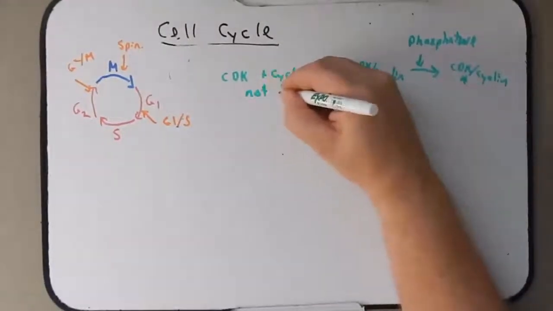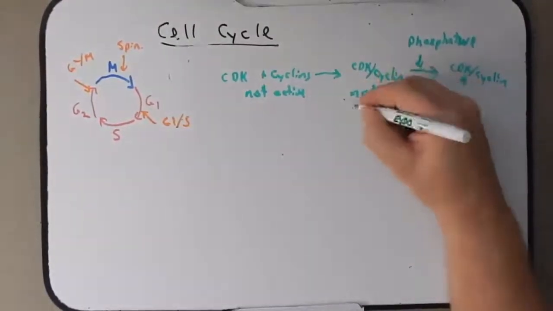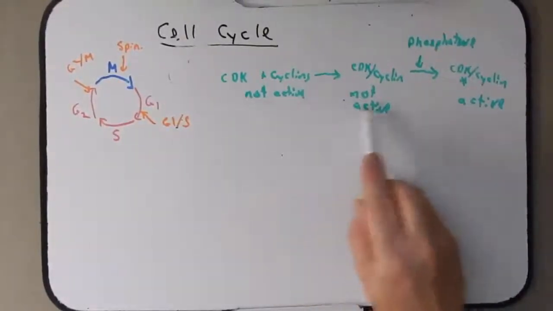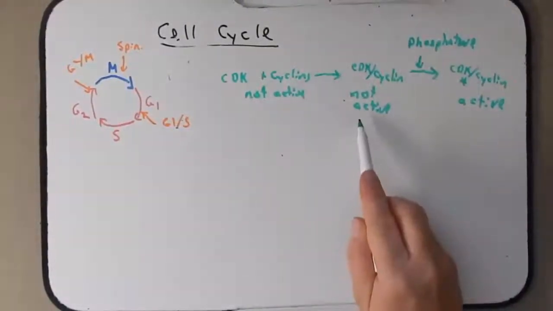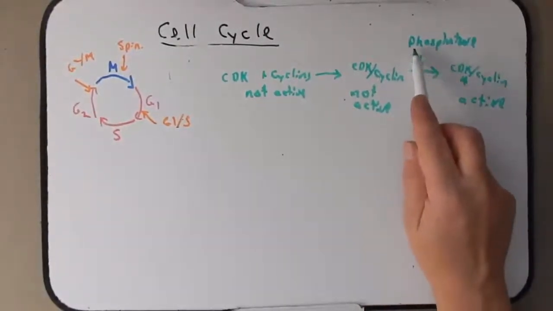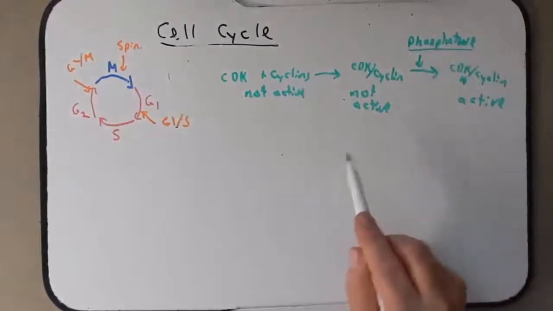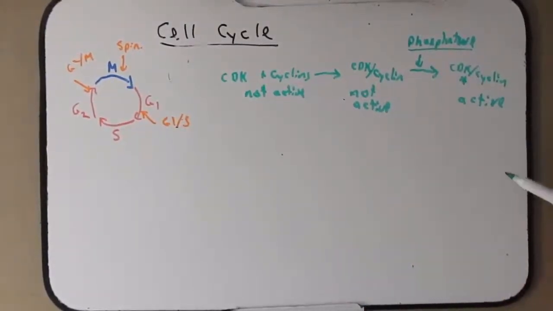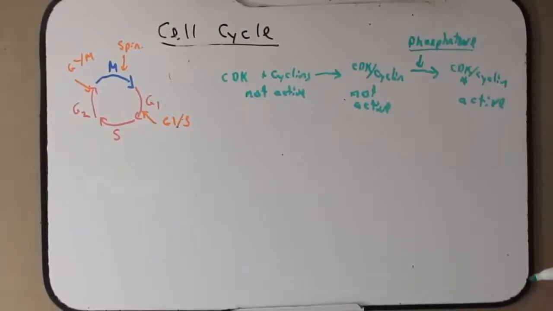Not active, and then active. And this allowed the cell to build up at a high concentration all these cyclins and their CDK counterparts, but by having them be finally activated by phosphatase, it allowed them to be quickly activated at the exact same time, which allowed for that very abrupt on-off switch.